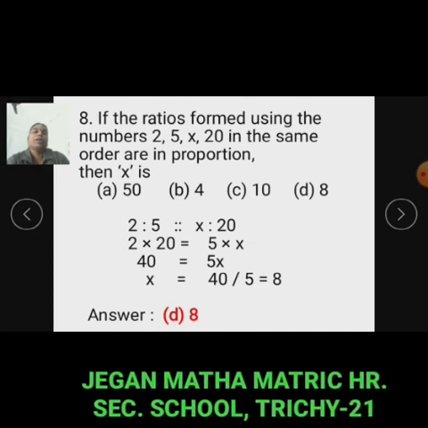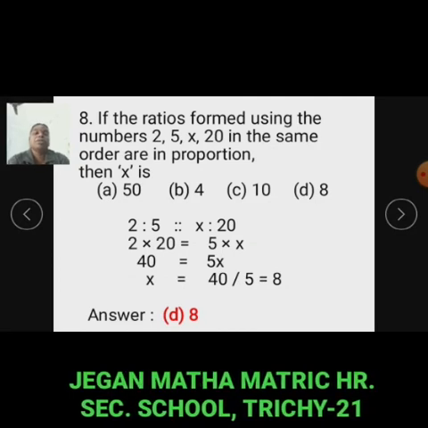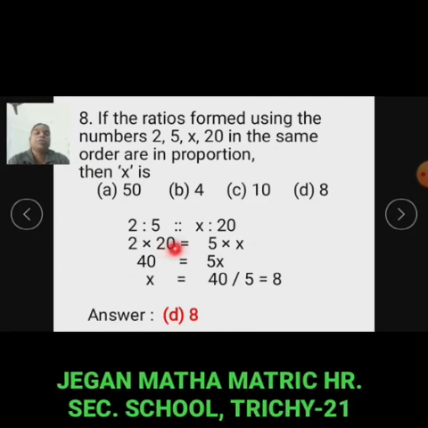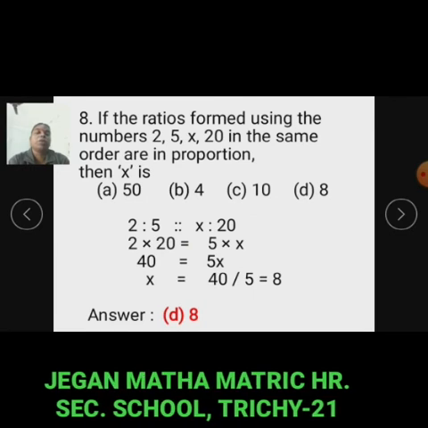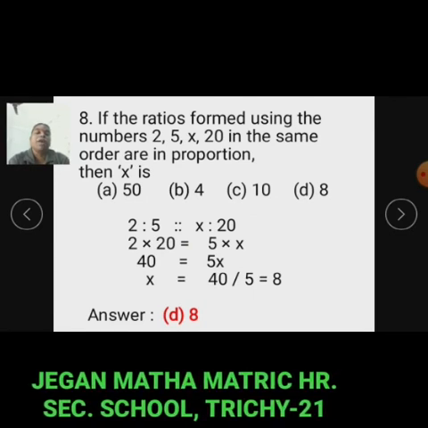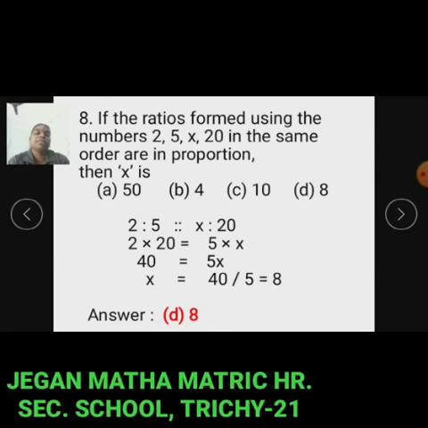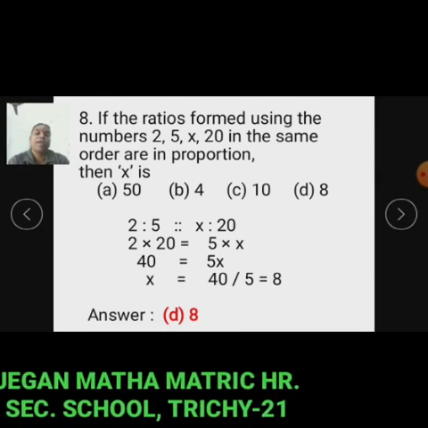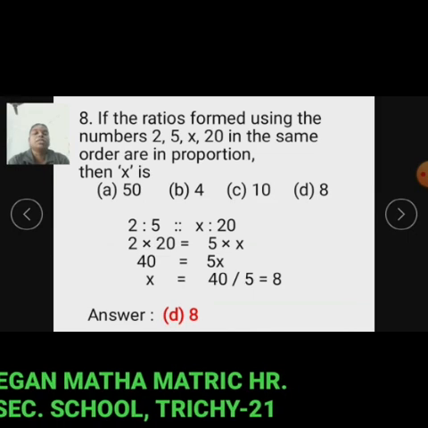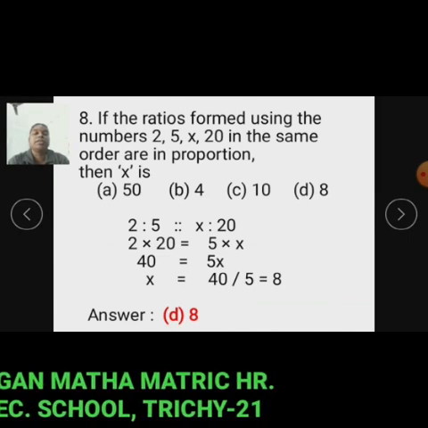So the product of extremes equal to 2 into 20 equal to the product of means 5 into x. 40 equal to 5x, x equal to 40 by 5 equal to 8. So the answer is option D 8.